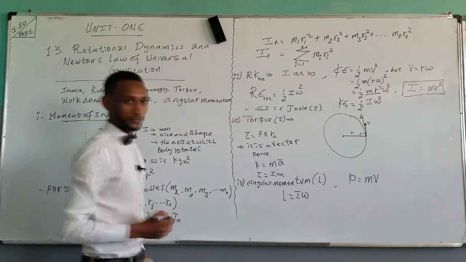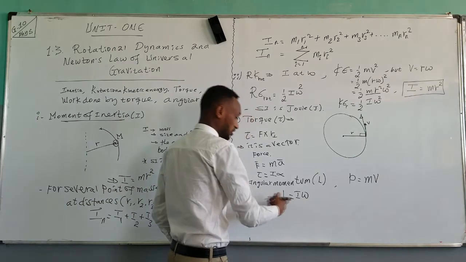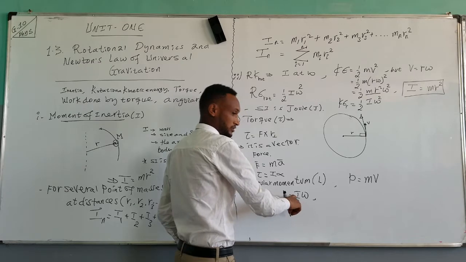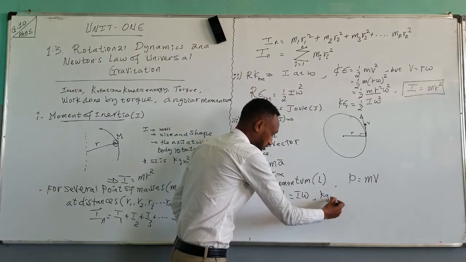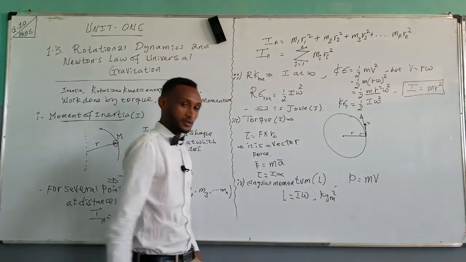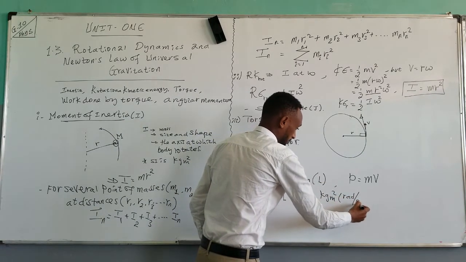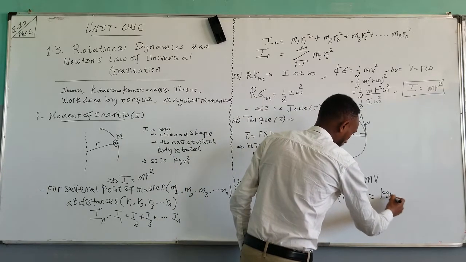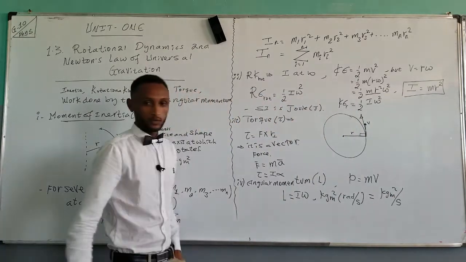You can get the SI unit for angular momentum from this expression. You know that the SI unit for moment of inertia is kilogram meter squared, and the unit for angular velocity is radian per second. So for angular momentum, the kilogram meter squared per second is the unit.